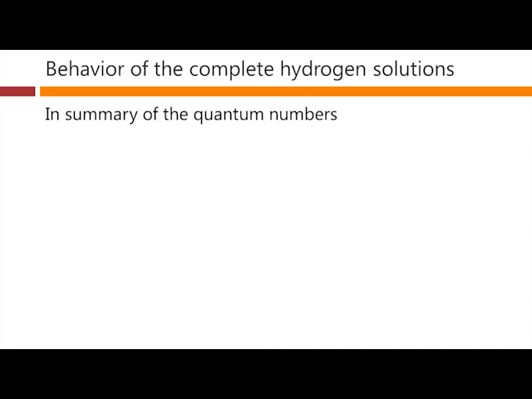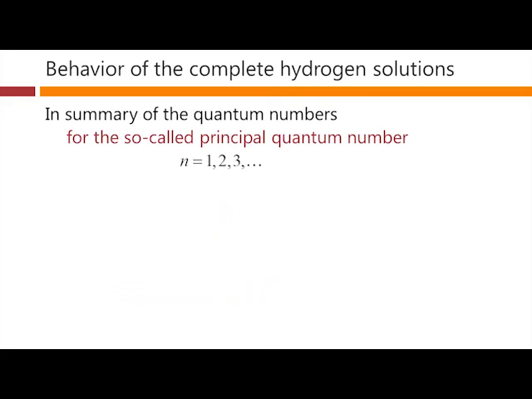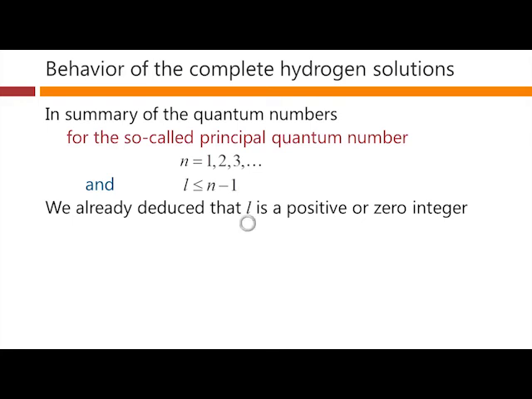Just to summarize on these quantum numbers now, for the so-called principal quantum number, as we said, it starts at 1 and goes up in integer increments. The L quantum number has to be less than or equal to n minus 1, another way of stating the same as we said before. We already deduced that L has to be a positive or zero integer.